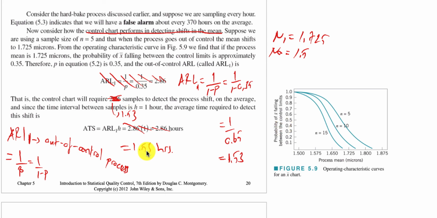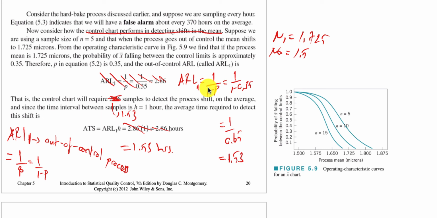Do not worry about these formulations, because we can also directly calculate the beta risk values. We have a formulation for this, but we are going to use the OC curve diagrams, and after getting the beta risk value, we can calculate the average run length for the out of control processes.